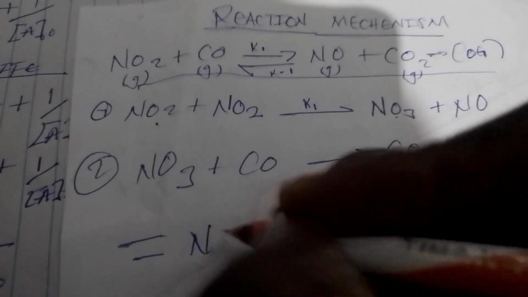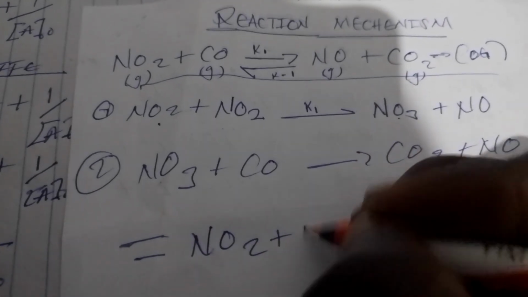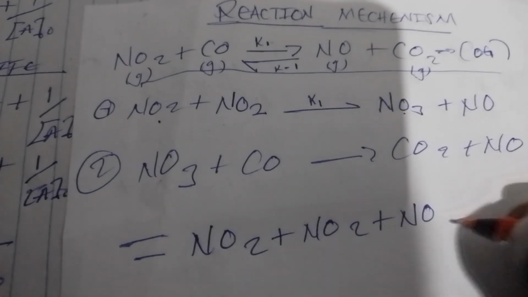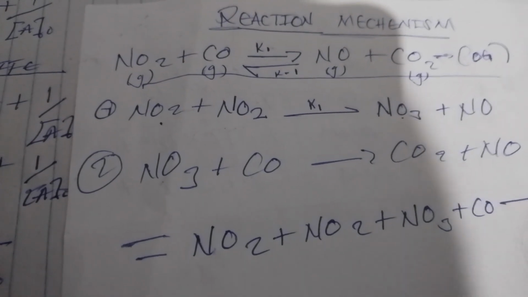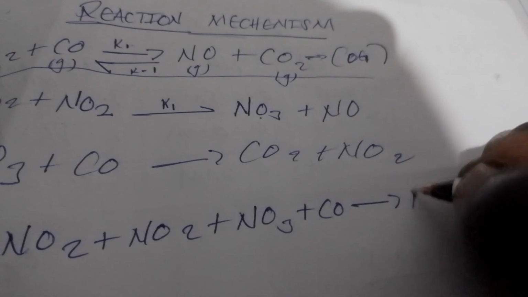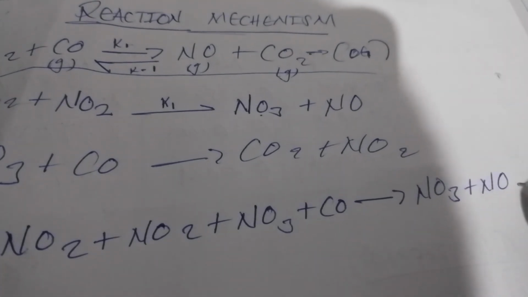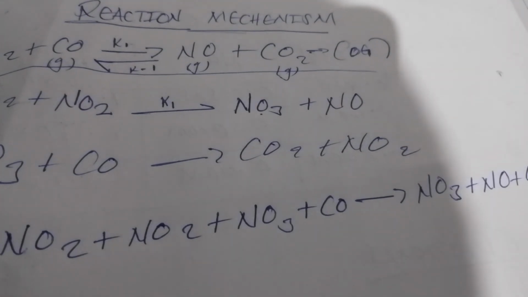That is nitrogen dioxide plus nitrogen dioxide producing nitrogen trioxide plus nitrogen monoxide, then nitrogen trioxide plus carbon monoxide producing nitrogen dioxide plus carbon dioxide.